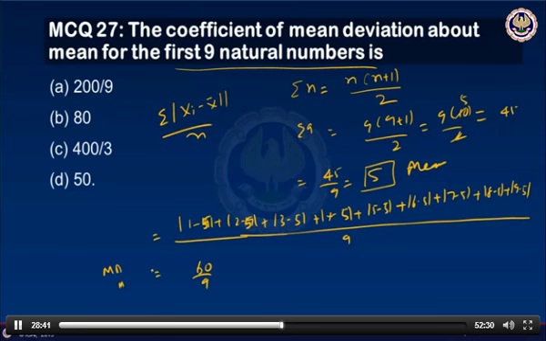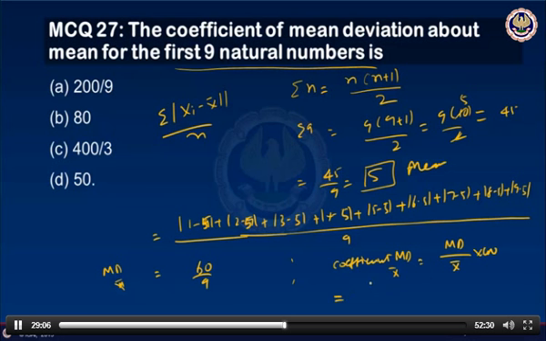Now we have to compute the coefficient of mean deviation about mean. The formula is the mean deviation from mean divided by the mean value, multiplied by 100.